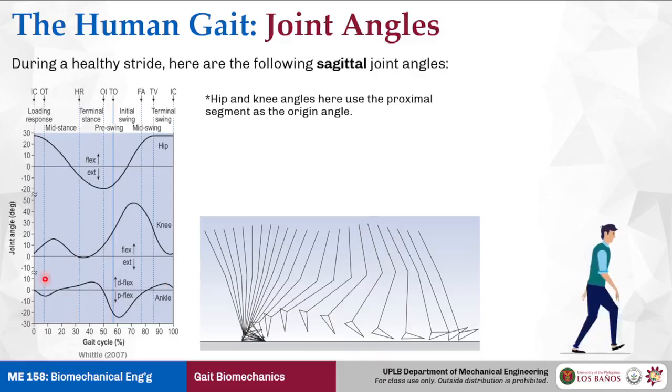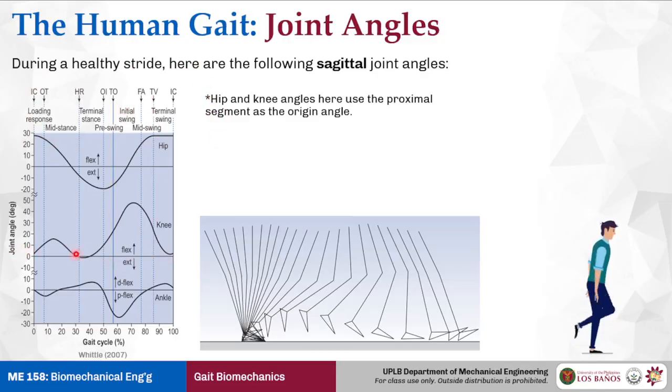For the foot angle, this is different because it is measured with respect to the ground. If you have an angle of zero here, that means your foot is parallel to the ground. So the foot has a different point of measurement. All right, look at this. You have the different stages of walking above here, denoted by a line.